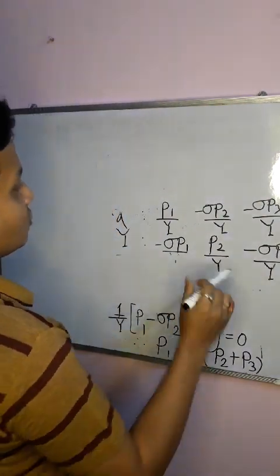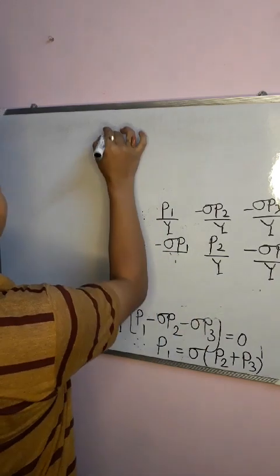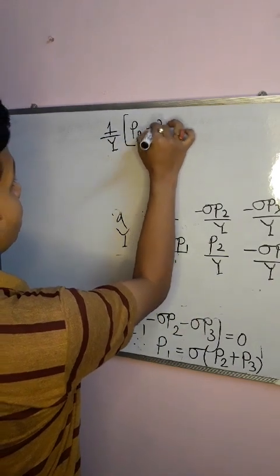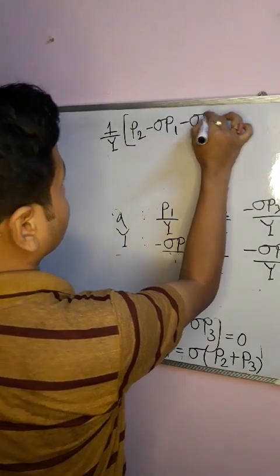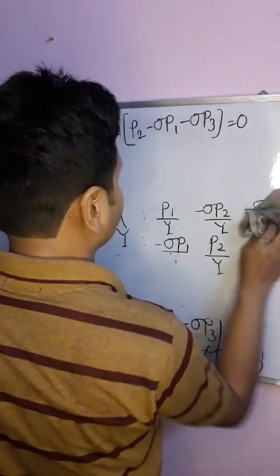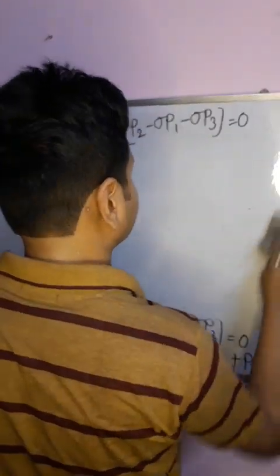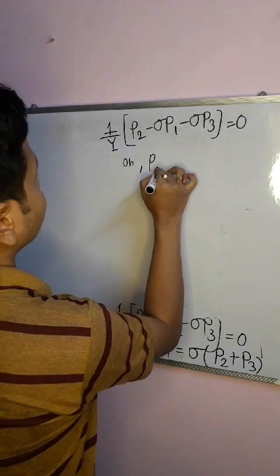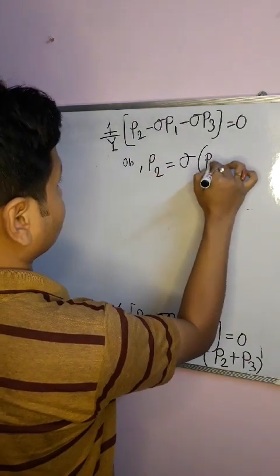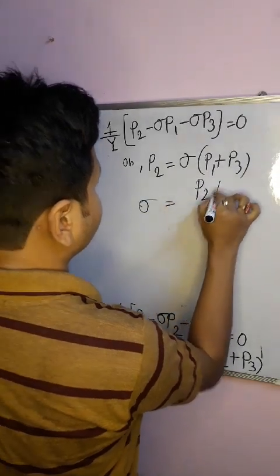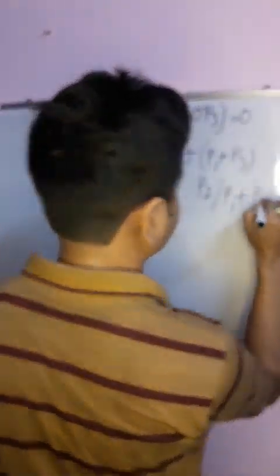Now the second thing, we have to make the strain along the y axis equal to 0, that is P2 minus sigma P1 minus sigma P3 equals 0, from which we can easily get P2 equals sigma into (P1 plus P3). So sigma will be P2 by (P1 plus P3).